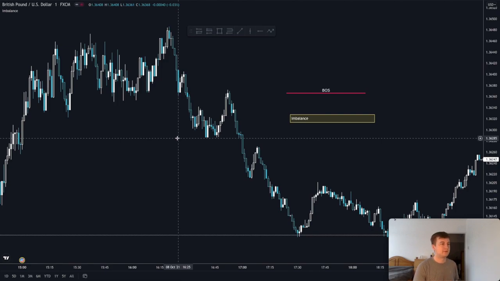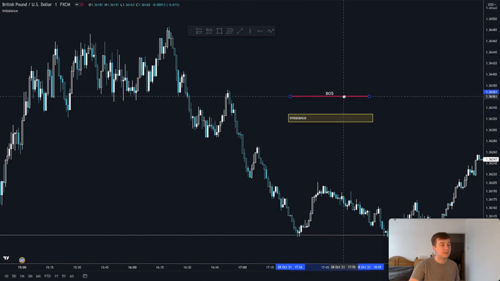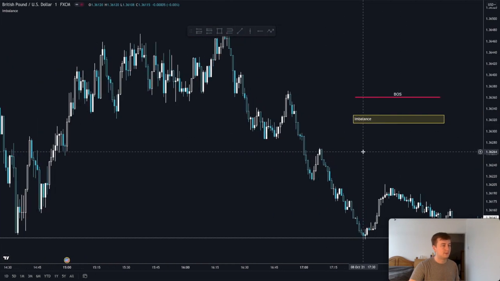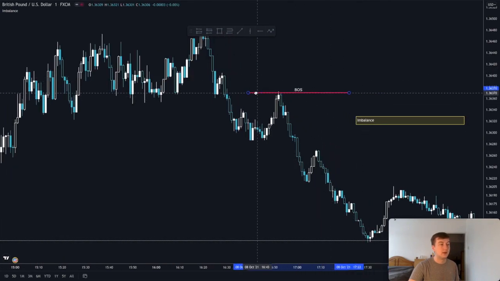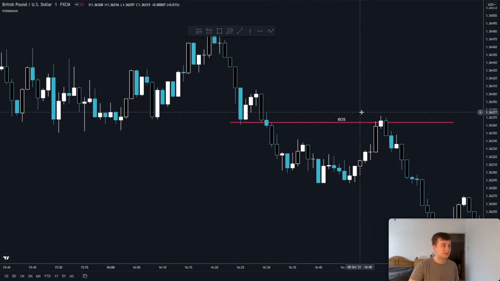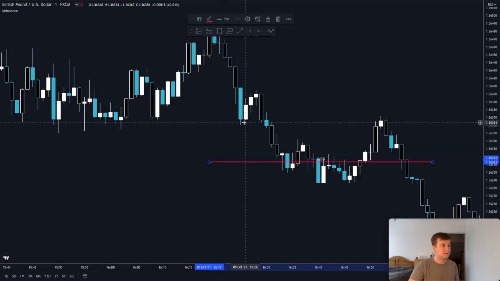Okay, so now we're into the charts. I'm going to need you guys to create your templates for both the imbalance and the trend line for the break of structure. The idea of the break of structure coupled with the imbalance is that when you see the last break of structure, look at this example here: price pushed down, created a low, and pulled back up.